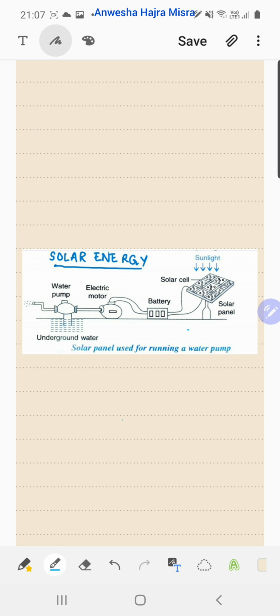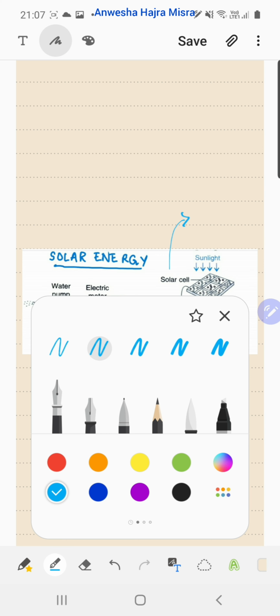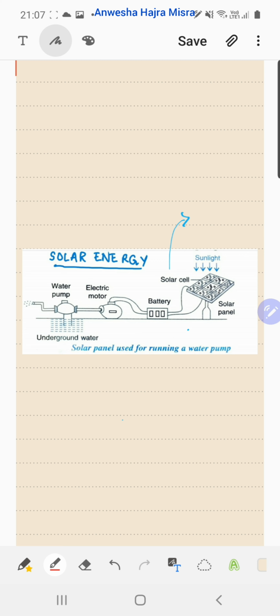Now, here we have a solar cell. Now, what is a solar cell?